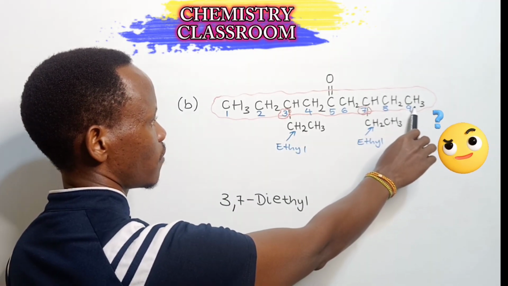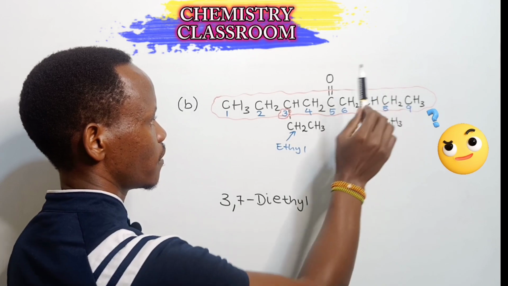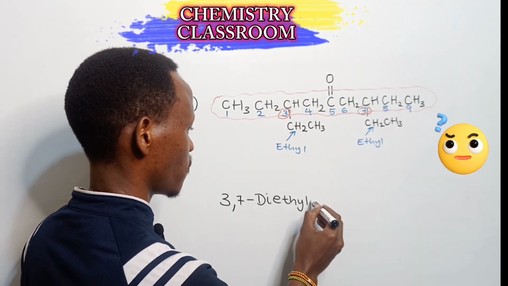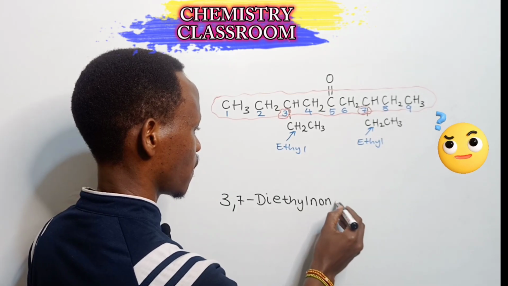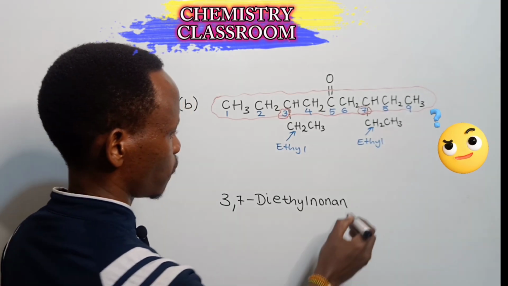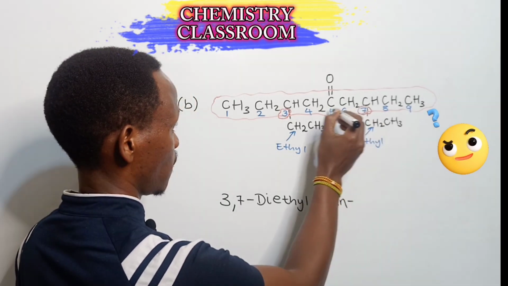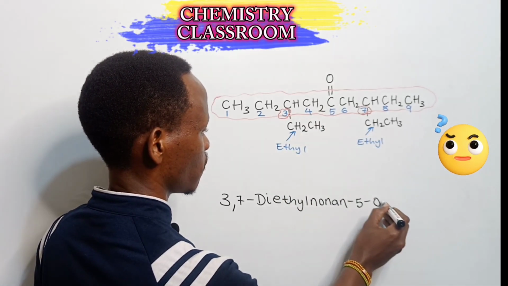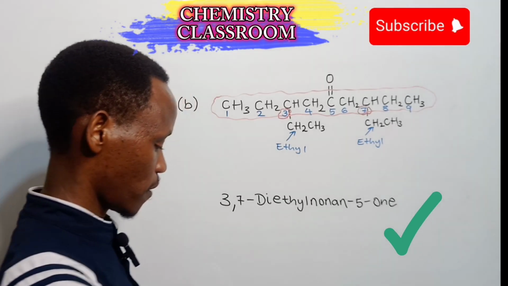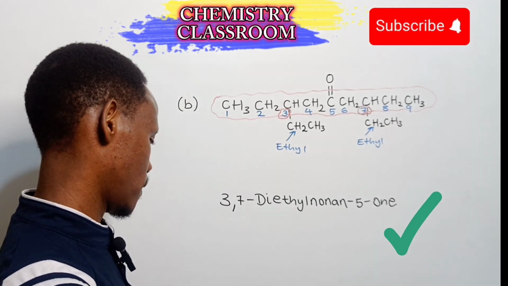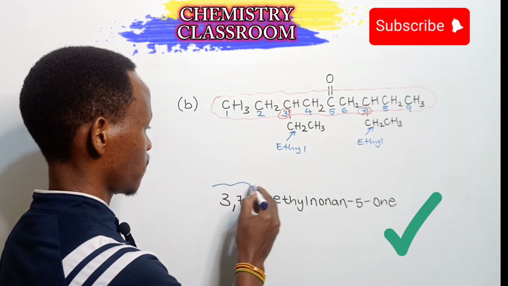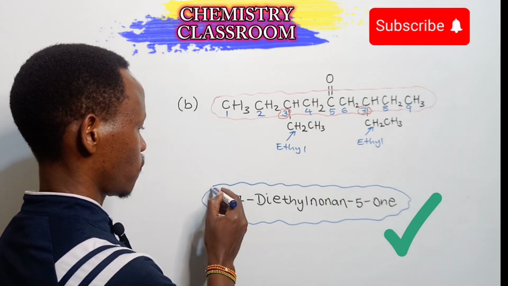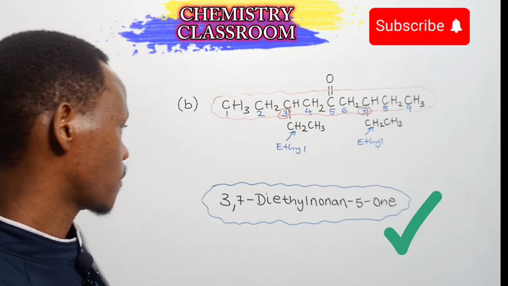The parent name is derived from a 9-carbon chain alkane, and therefore from that we get the prefix non, followed by a hyphen, and specifically on position 5 we have our functional group, and this becomes the name of the compound. I'm encircling it in blue ink just for matters of emphasis.